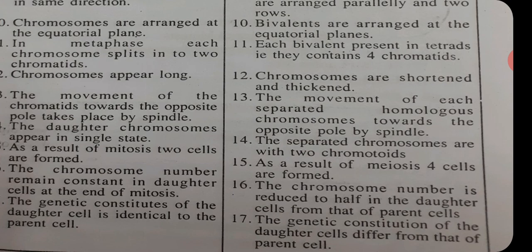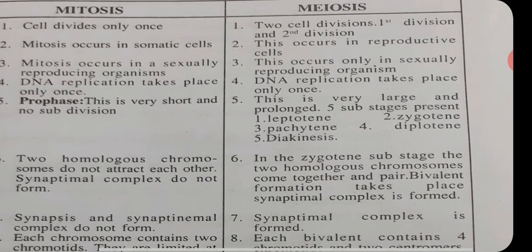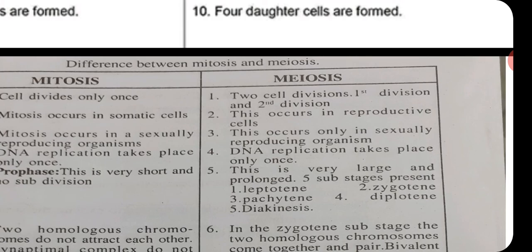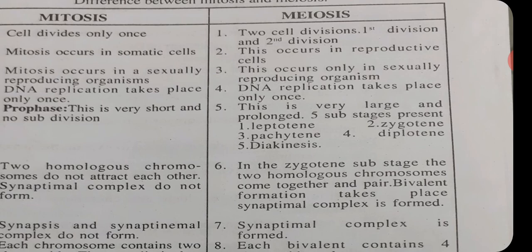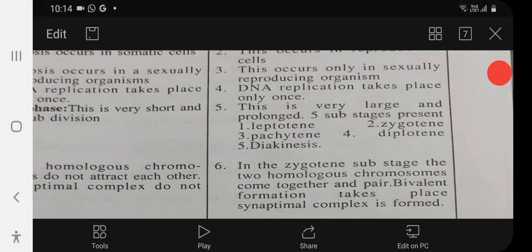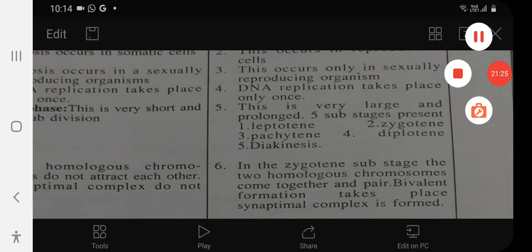They are also not identical, only because of crossing over and the random orientation in metaphase 1 at the equatorial plate. So these are some of the differences between mitosis and meiosis. Just go through the points, you can learn and understand very easily. So thank you very much.